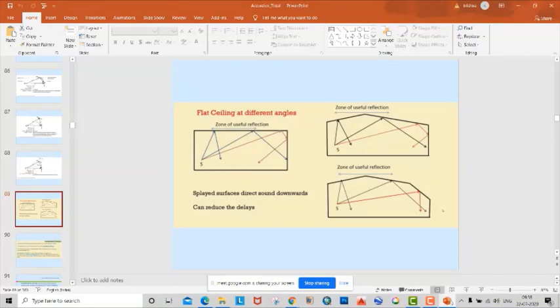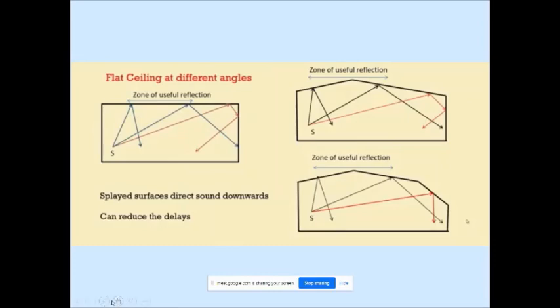If we provide a rectangular shape, there will obviously be reflected sound. Let me mark on this. Suppose this is the direct path, and the receiver is somewhere here. This is a reflected path, and again this is a reflected path.